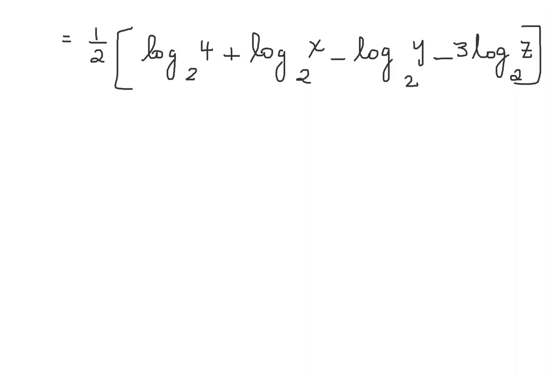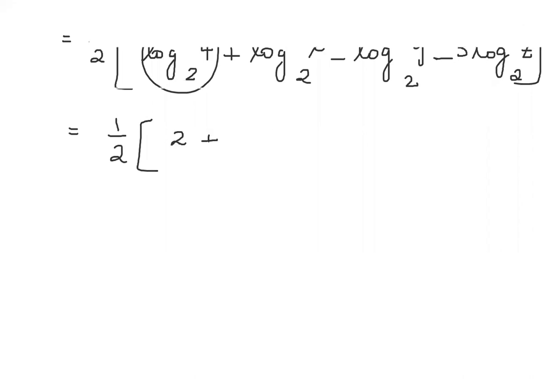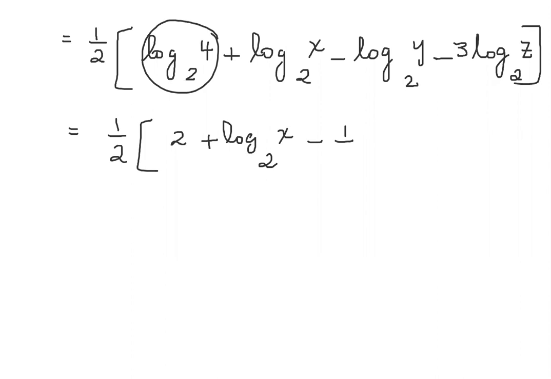Now next we are going to simplify a little bit. So log 4 to the base 2 is going to be 2. This whole thing is going to be 2 plus log x to the base 2. I didn't distribute them. You can leave the answer like this or you can simplify.